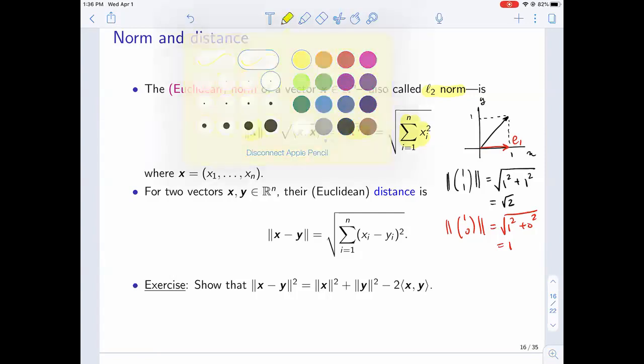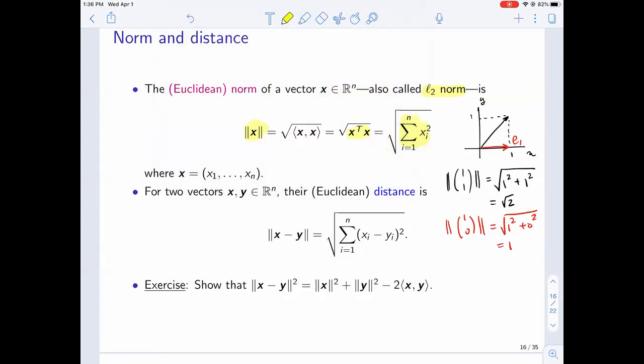Once we have that, then we can define the Euclidean distance between two vectors as the norm of the difference. So the norm of the difference of two vectors is, by definition, the distance between them. And if you plug into the definition above, it's equivalent to x minus y, where the coordinates are xi minus yi.